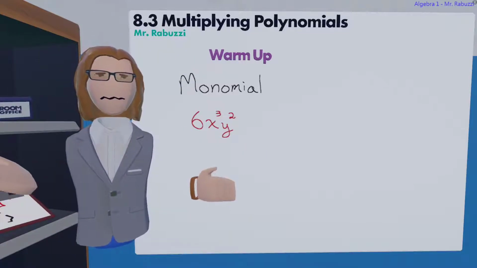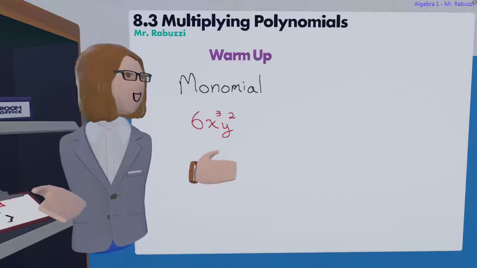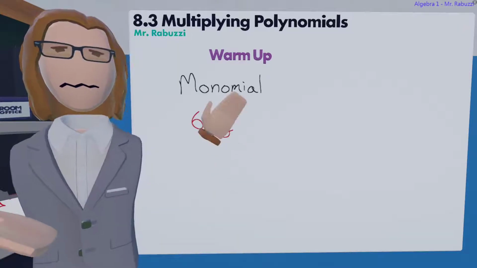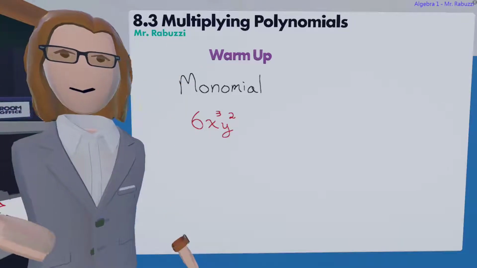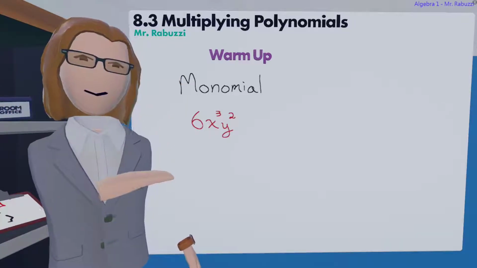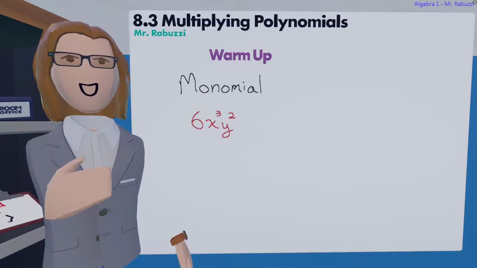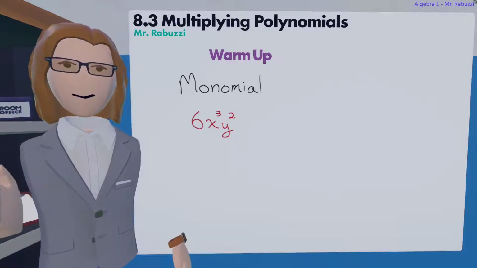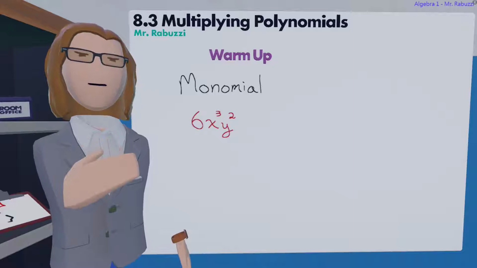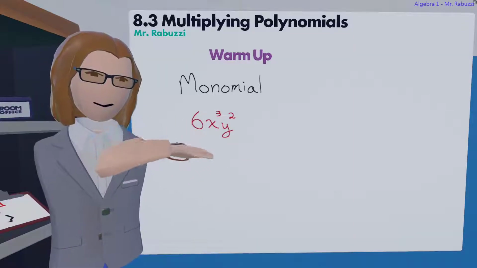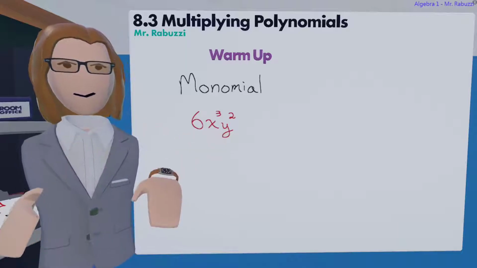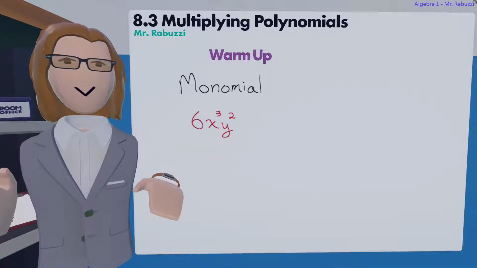So we're on to week 4 of our remote learning, which means we're going to start today with chapter 8.3, multiplying polynomials. In chapter 8.1, we talked about what is a polynomial, and then we added them and subtracted them. In chapter 8.2, we multiplied a monomial with a polynomial, which is a little easier than what we're doing today.